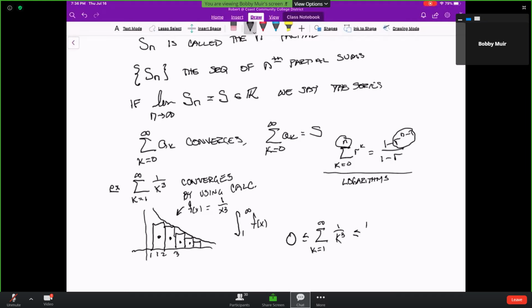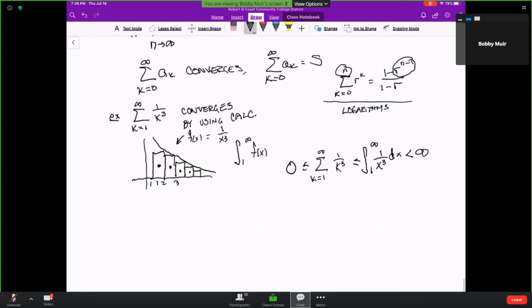Hmm. Okay, but what we see here is that this sum is smaller than this improper integral, and that converges, okay? Less than infinity, that's what that means. Now, this is still an open problem in math. Nobody knows a closed form that I know of what it converges to.